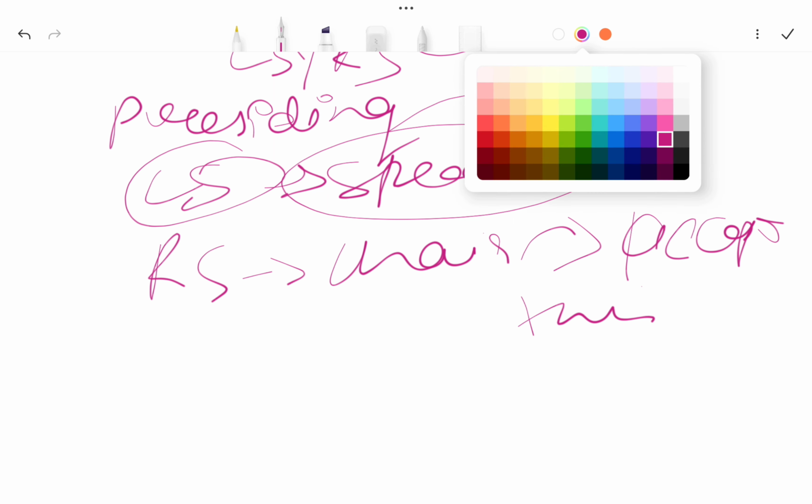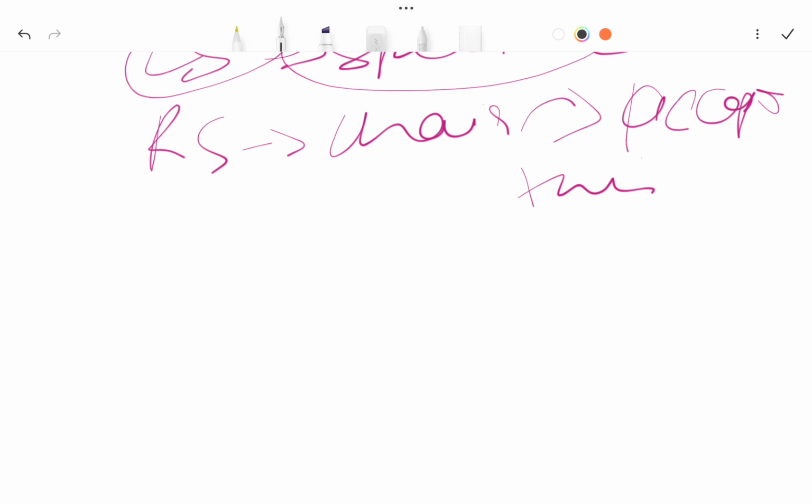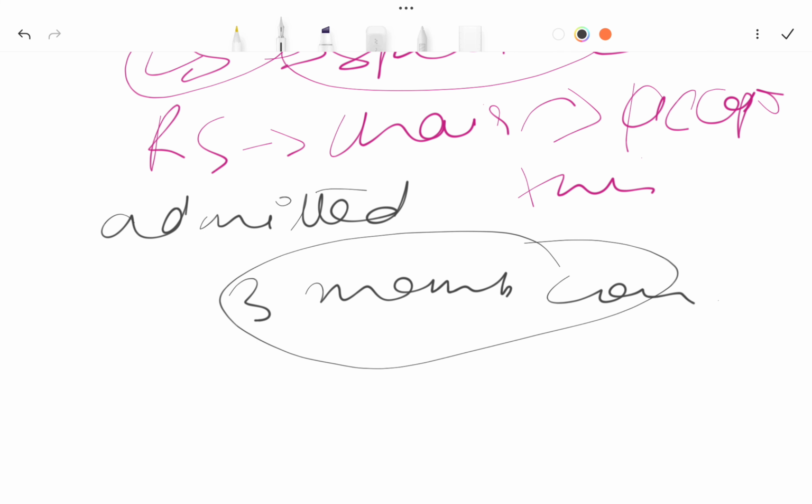When the motion is accepted by the Speaker or Chairman, they have to constitute a 3-member committee to investigate the charges.